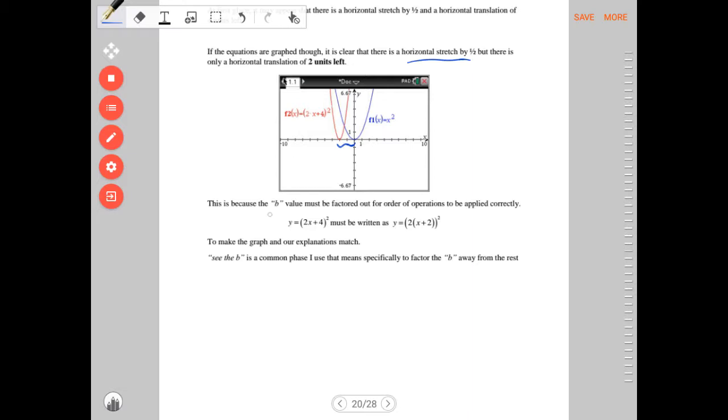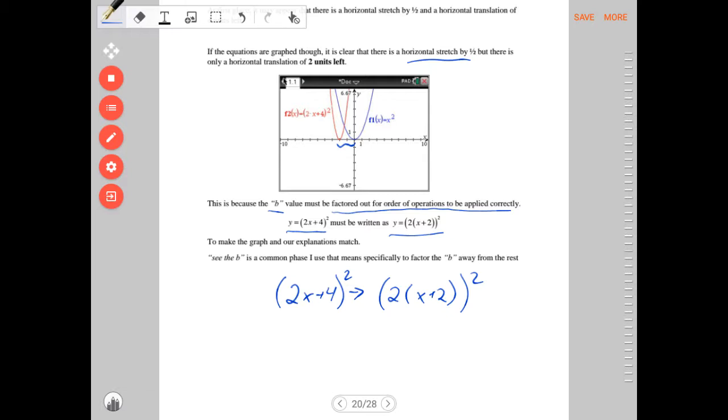So the b value has to be factored out in order for it all to work. Now I've shown you here that 2x plus 4 has to be written like this. So we say 2x plus 4, and then we factor that. Each one has a common factor of 2, so we go 2(x plus 2). Of course that is all squared, so we have to square it again.